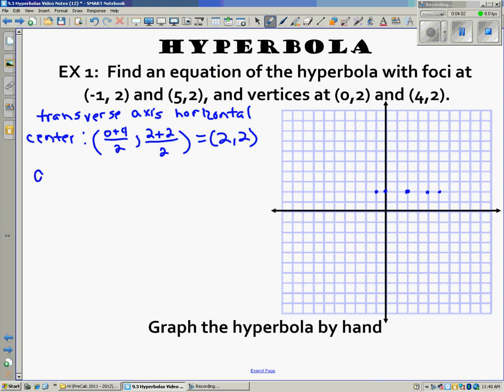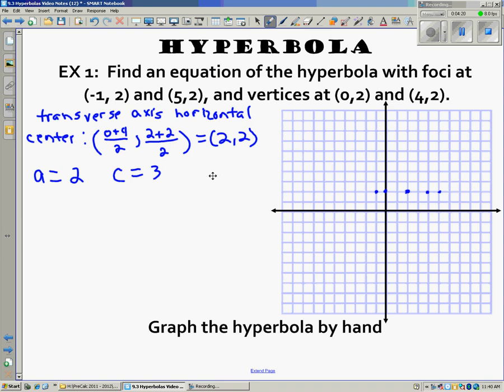We now know that A is equal to 2. Remember, that's the distance from my center to my vertices. I know that my C, the distance from my center to my foci, is 3.